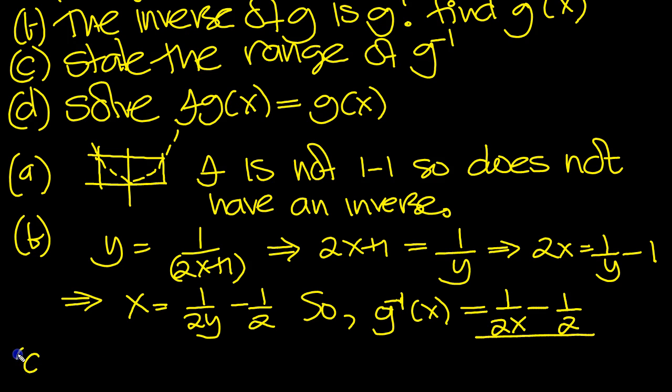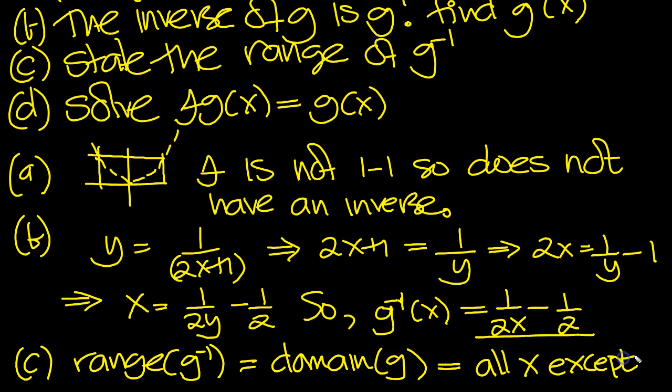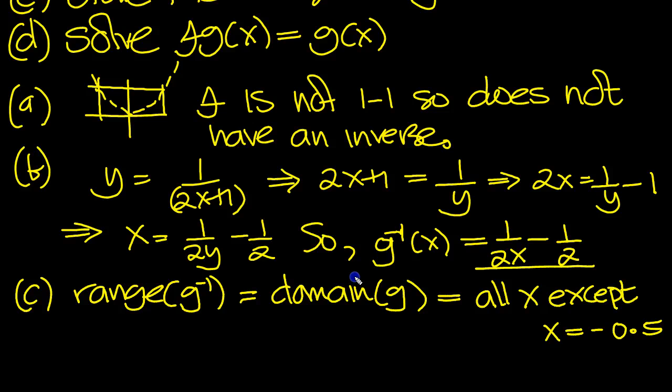So the range of g minus 1 is equal to the domain of g, which is equal to all x except x equals minus 0.5, all the real number line, except that x doesn't equal minus a half. So there's the range then.